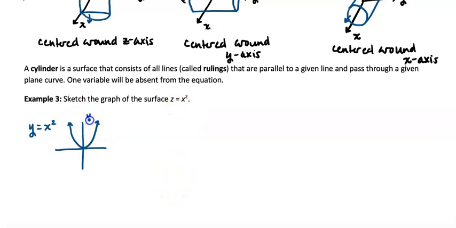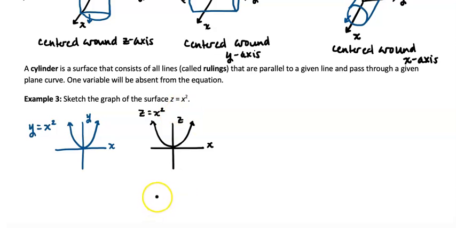Well, if this is the y-axis and this is the x-axis, then if we have the z-axis and the x-axis, we will have an upward-facing parabola. So this would be the equation z is equal to x squared.